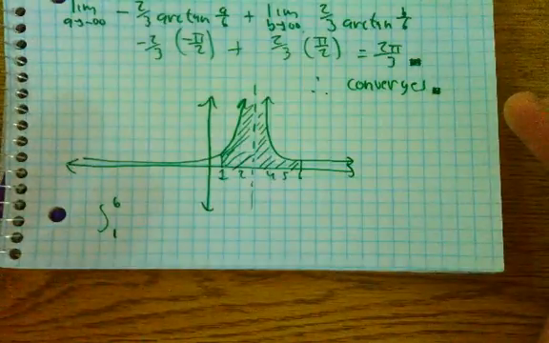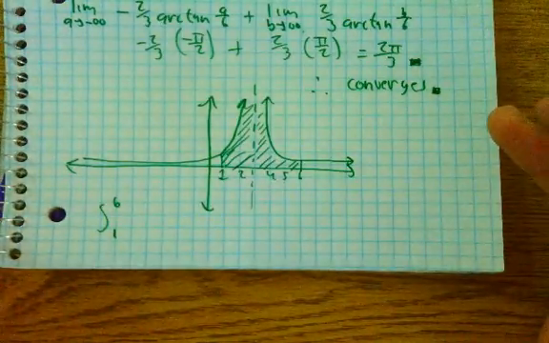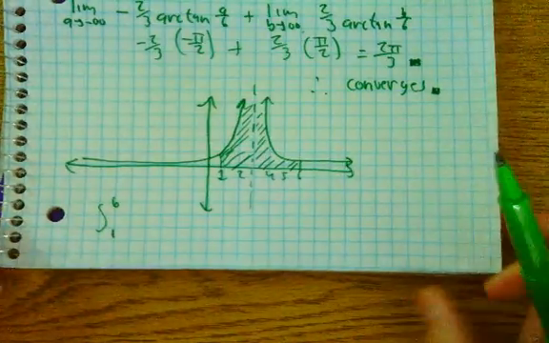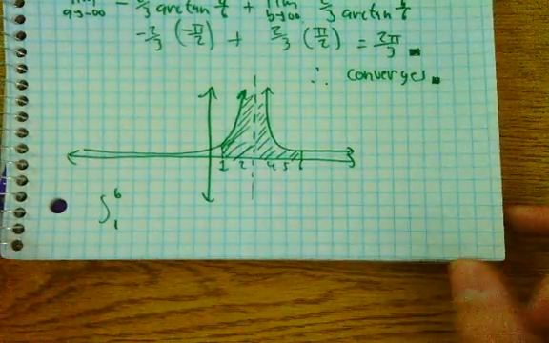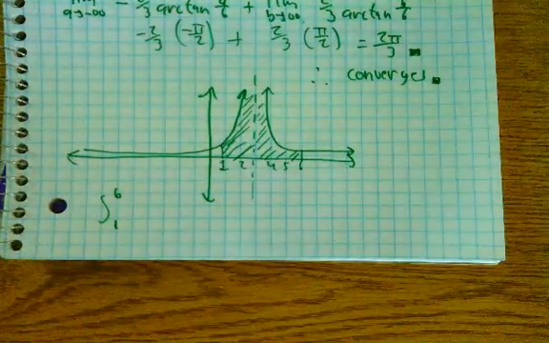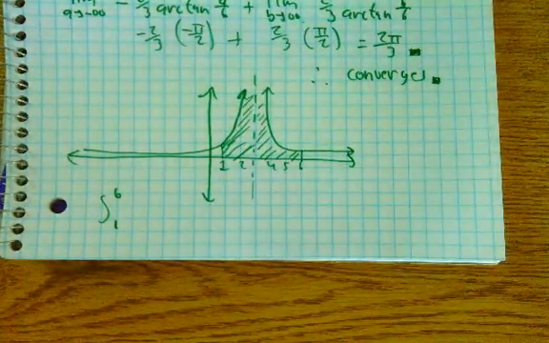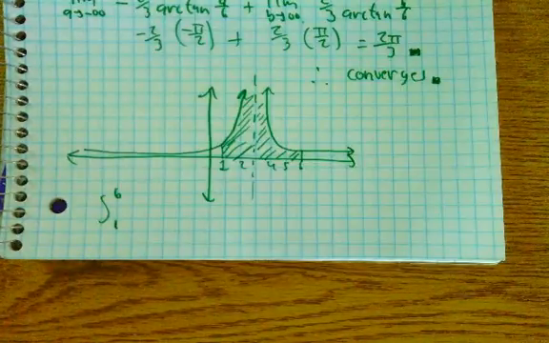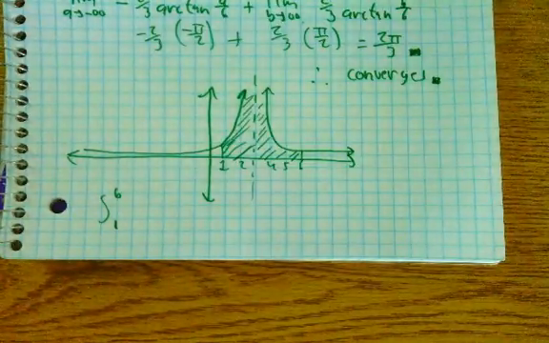Okay? I know that throughout the year you kind of went away from the definition and you just integrated everything without really thinking about whether or not it met the requirements of being continuous. You're going to have to make sure that you do. Because if it doesn't, you're going to have a discontinuity in between and you're going to have to apply one of the rules that we talked about here.